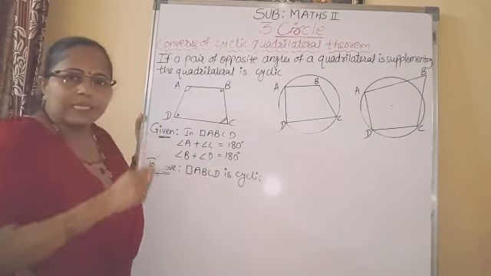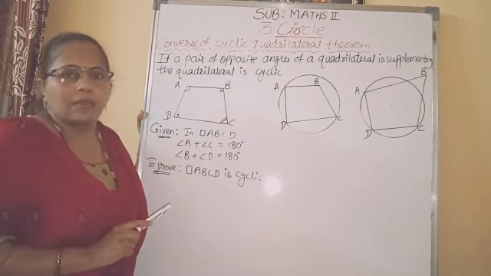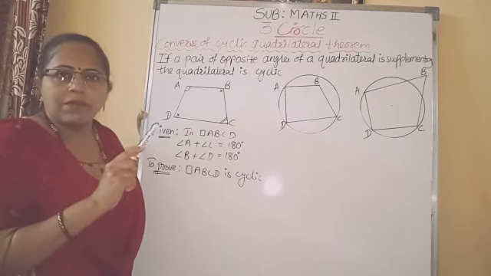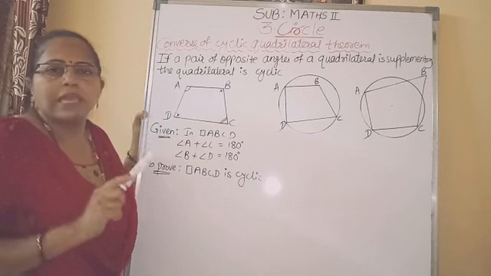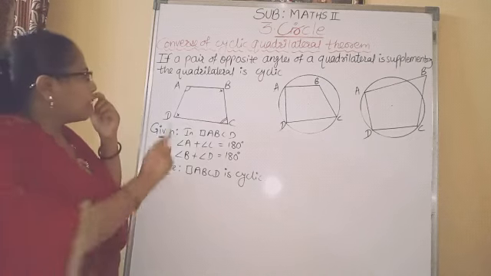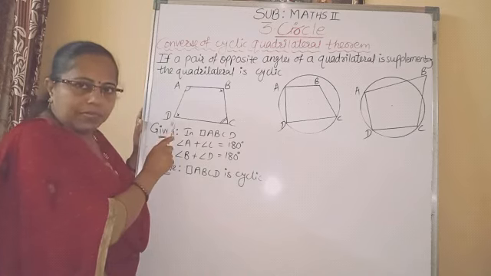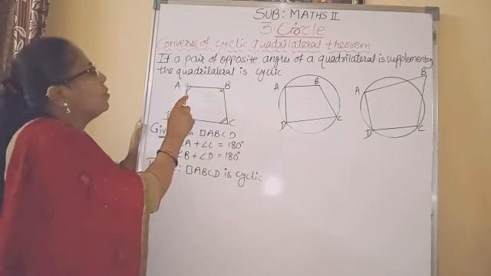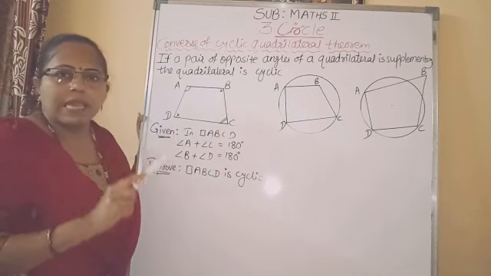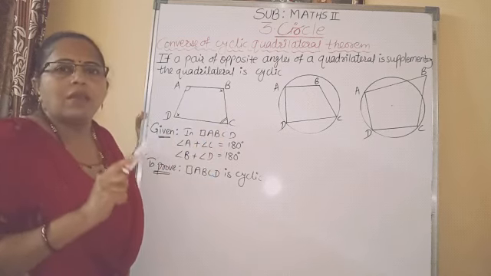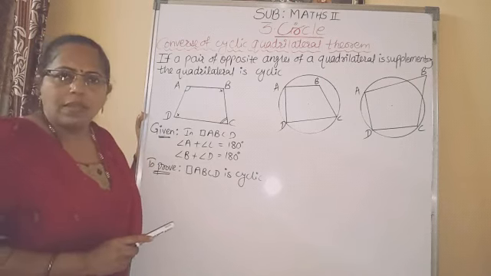If given points are on the circle, they are called as concyclic points. So we have to prove ABCD is cyclic quadrilateral. That means we have to prove all these 4 points are on the same circle. They are concyclic points. Okay.